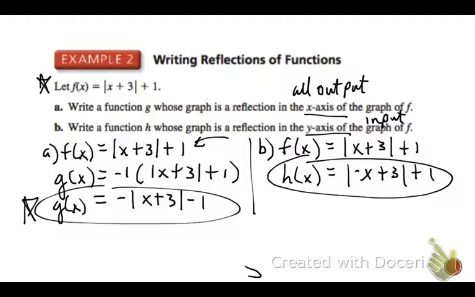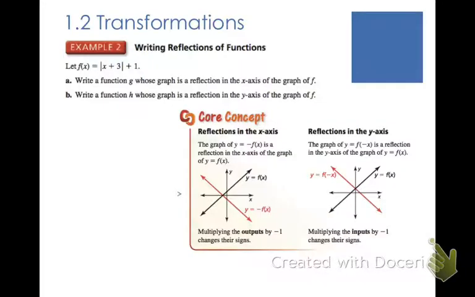Now on your note sheet, look at the very last page. When you do, you'll see the three core concepts. Focus in on the one that has the reflections in the x-axis and the y-axis. So with these, notice that with the reflection in the x-axis, the graph of the equation is y equals negative f of x.